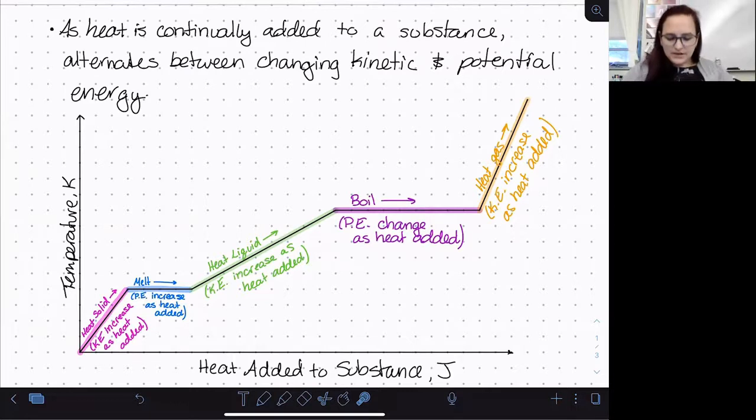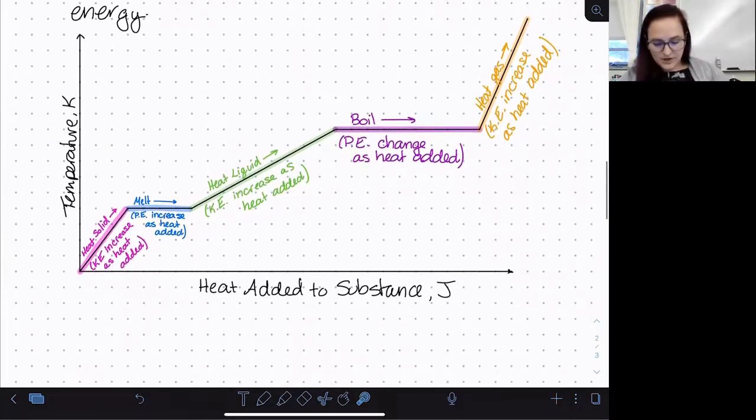So we've already talked about how we handle temperature changes. So when the temperature changes, we know how to calculate how much heat is involved in that.